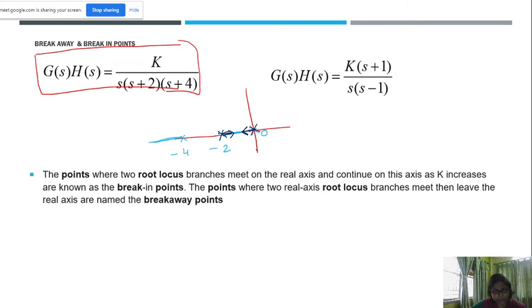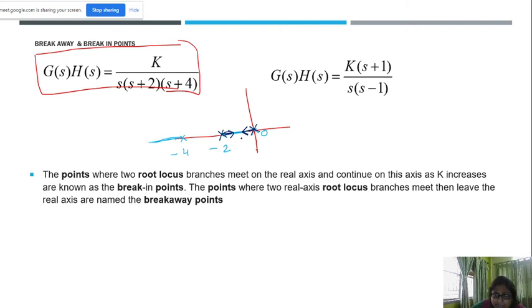As the root locus branch exists between 0 and -2, the root locus must originate from this pole towards the left-hand side, and from this particular pole towards the right-hand side.